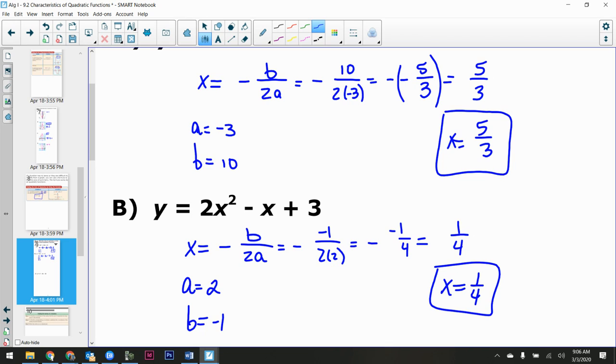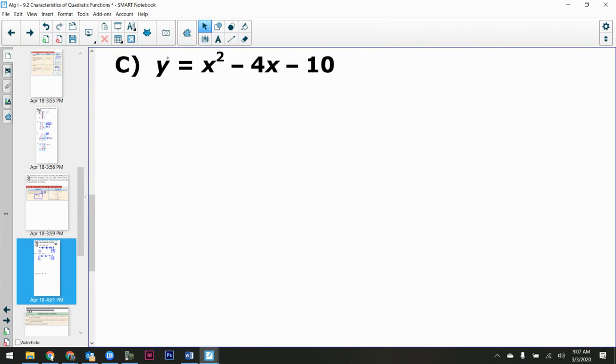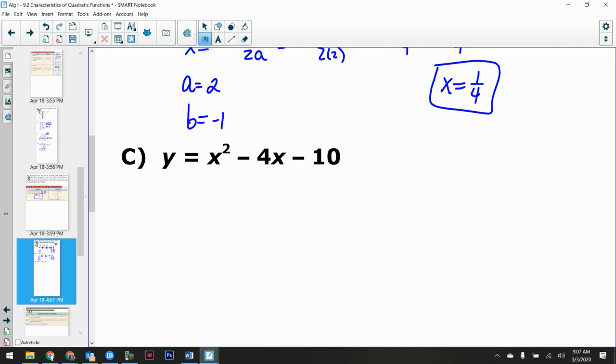Let's do one more. Okay, we've got x equals -b over 2a. Okay, what's A? What's B?